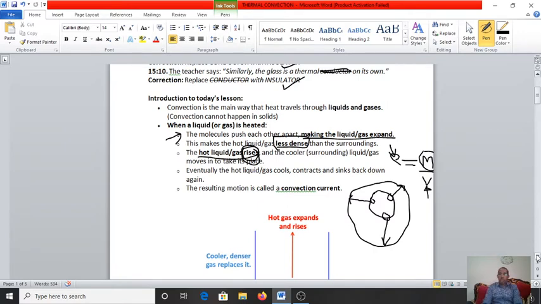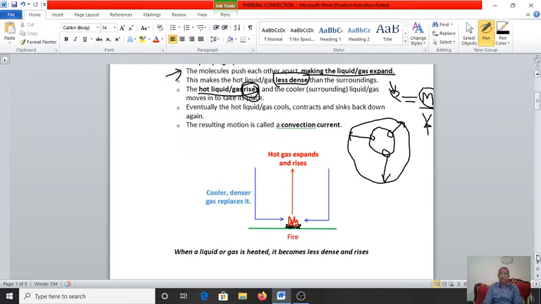And the cooler surrounding liquid or gas falls. This is what is happening here. This fire causes the air around here to heat up, number one. When that air heats up, it expands, or you can say it increases in volume. When it expands, it becomes less dense, its density reduces, and the less dense hot gas will rise up.